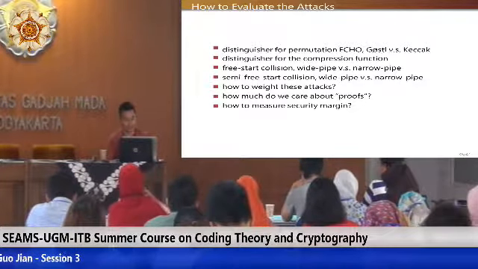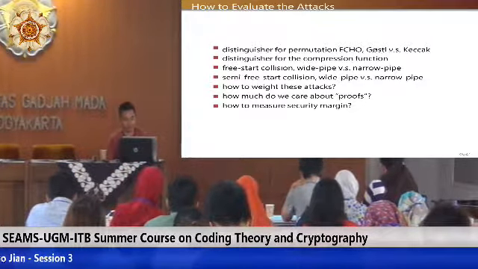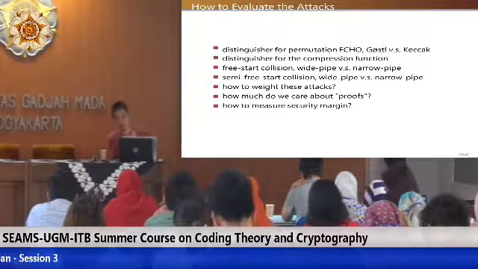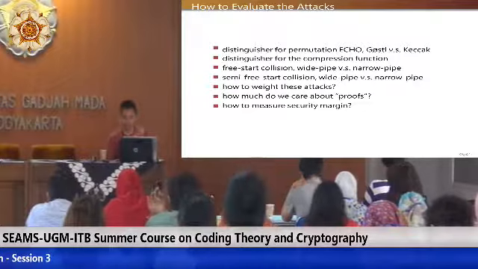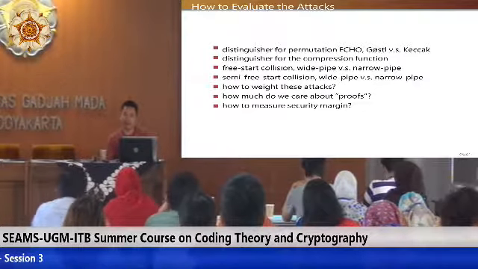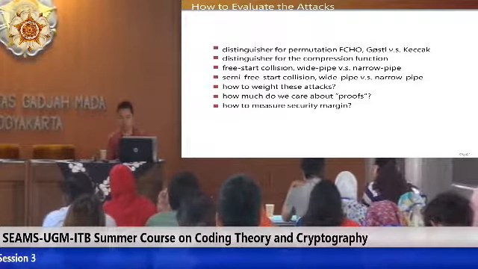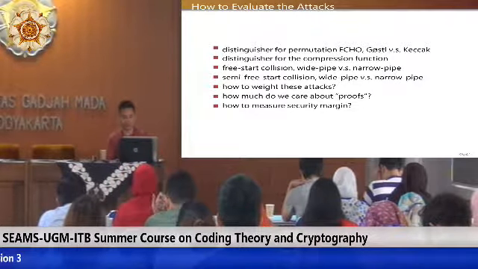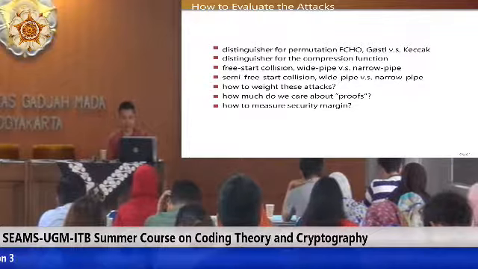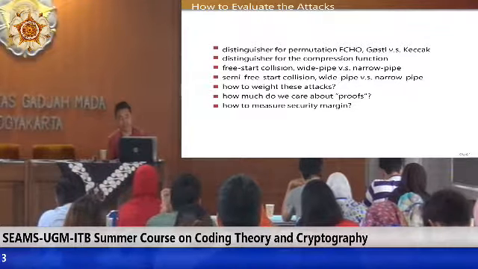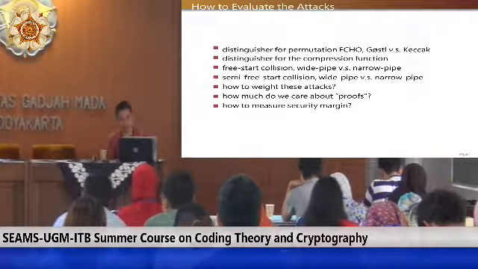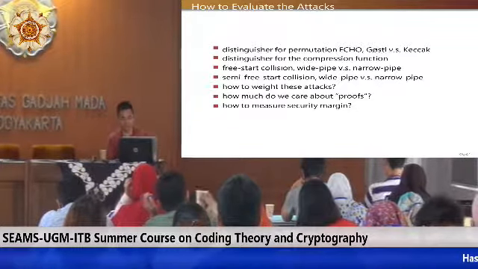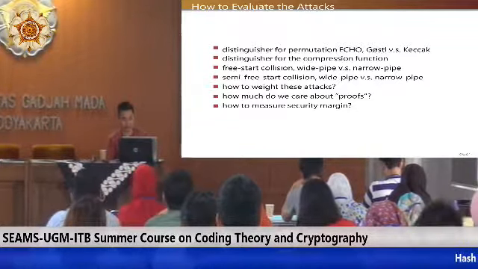And how do we evaluate free start collision? Free start collision means collision attack on the compression function. And these attacks may or may not be converted to collision attacks against the hash function itself. Because in the attack on the compression function, you assume everything is under control, including the input chaining value and the message.